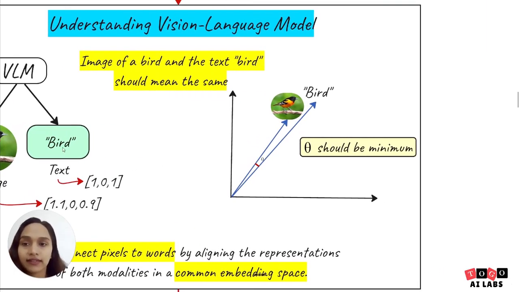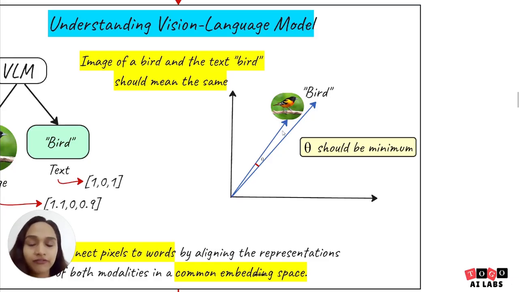So the image and the text are converted into vectors and they are represented in a shared representation space or a common embedding space. In this mathematical space, the vector of the image and the vector of the word should lie closer as they have the same meaning.